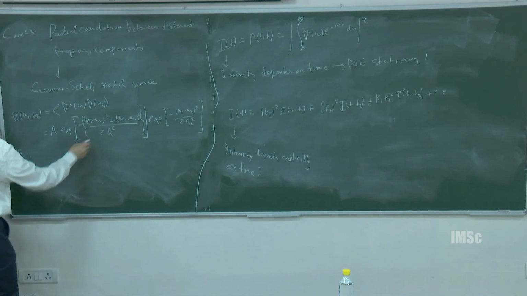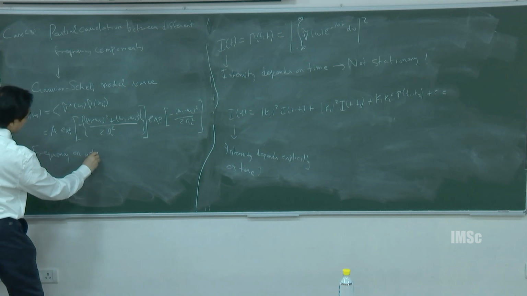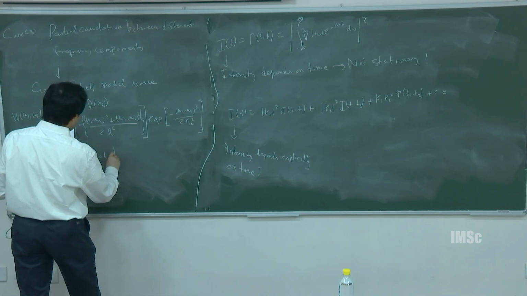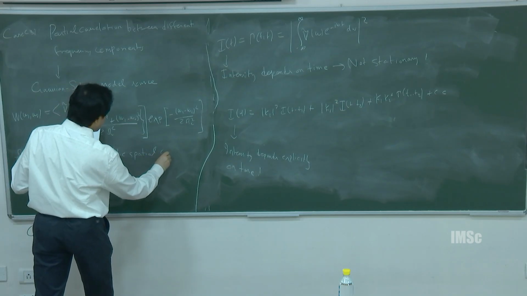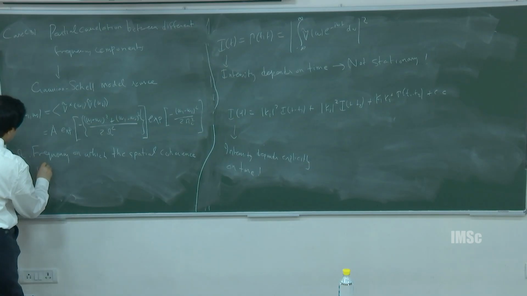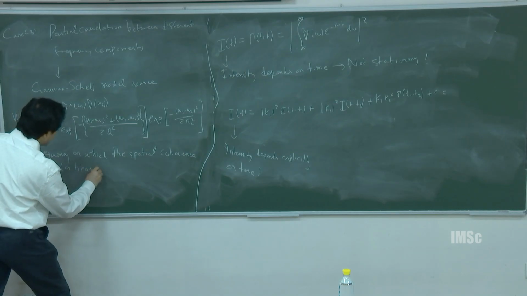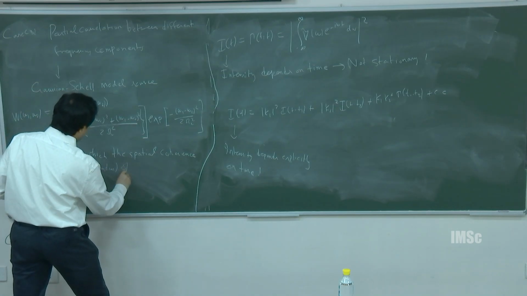This capital omega is the frequency on which the spatial coherence width or the beam radius of the source depends.